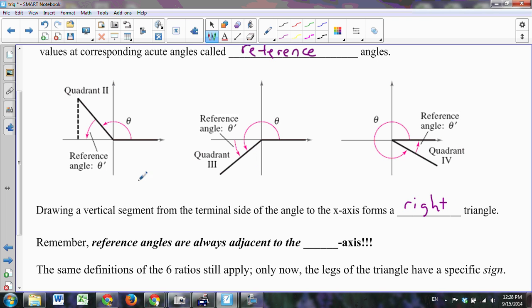And notice the reference angles: we've got a reference angle here, we've got a reference angle here in the third quadrant, we've got a reference angle here in the fourth quadrant. One of the sides of every reference angle is always the x-axis. It's always adjacent to the x-axis. You never have a reference angle adjacent to the y-axis.